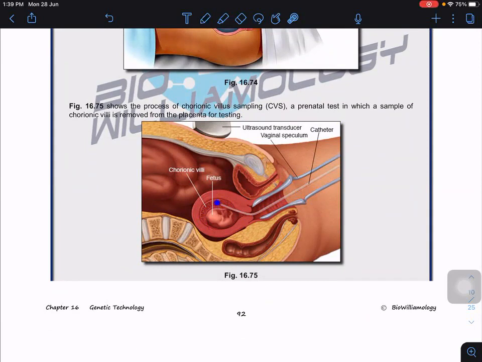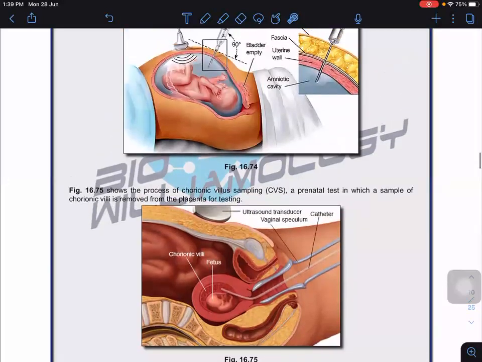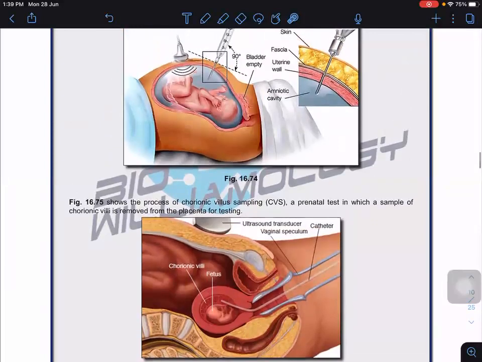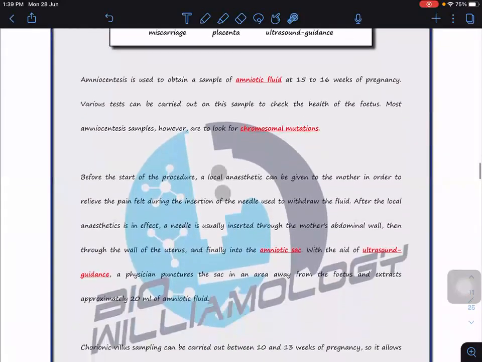From here we can take some of the cells and do the analysis. Again, we must use ultrasound to check. Both methods are not 100% accurate, and the risk is miscarriage. Are you clear? There is a risk of miscarriage.